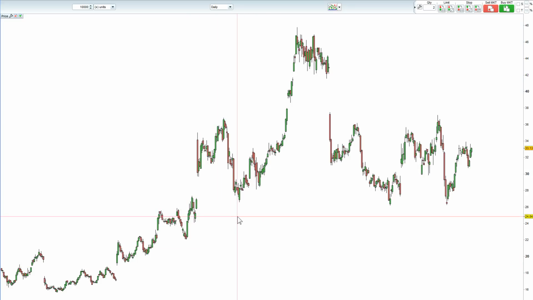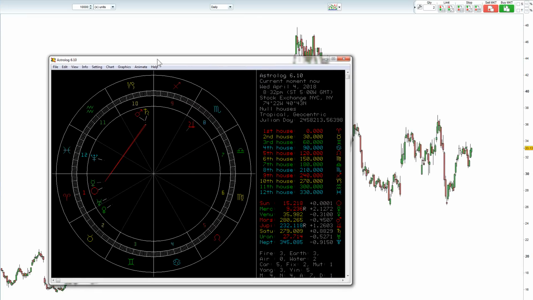So if we look here, this is April 4, 2018, and this is the astrological chart for April 4th, 2018. And right away we see that Mars is pretty close to conjunct Saturn, while retrograde Mercury is at its square to Saturn. So in this particular situation, I would use the fastest planet first.